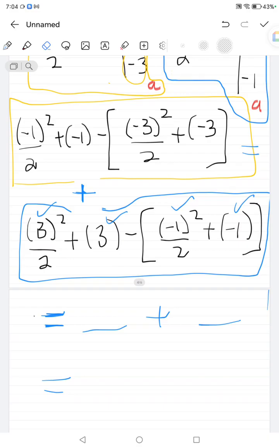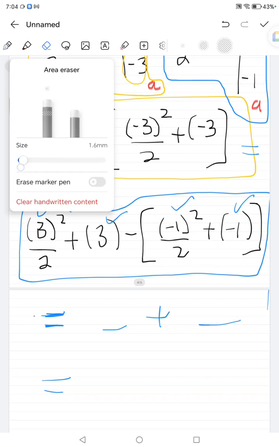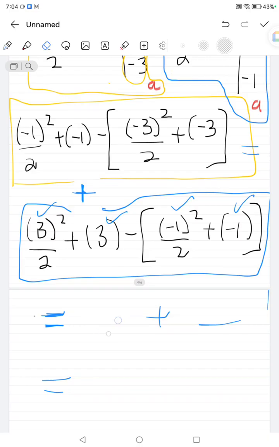The first half, the one for 3, the answer is 7.5. It's 7.5. And 7.5, the other one. And then for the other one, do I add the minus when I calculate the other part? You add the minus, what do you mean?